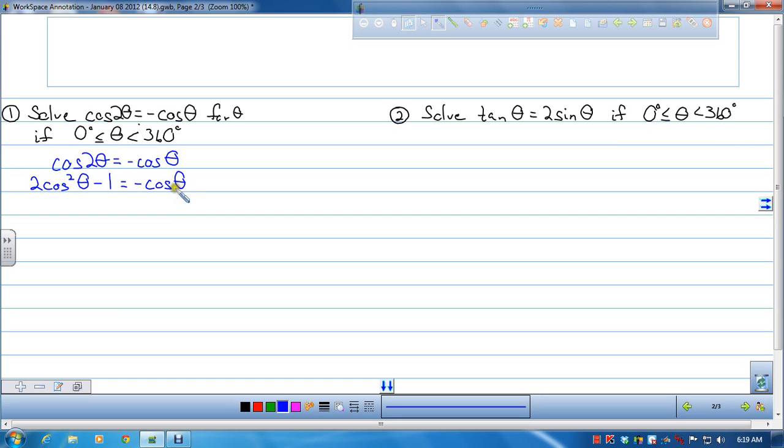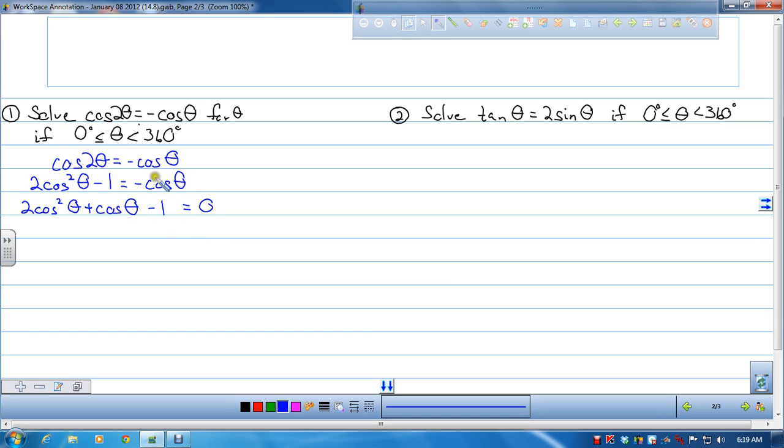And now what I notice is if I move this cosine theta over, I will have a trinomial, which I would look to factor. So that's what I'm going to do. I'm going to add cosine theta to both sides. So I would have 2 cosine squared theta plus cosine theta minus 1, and that equals 0.